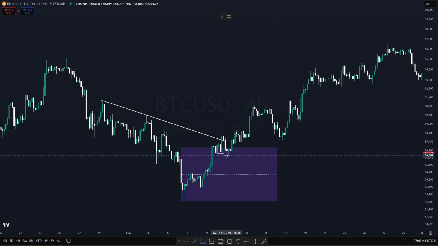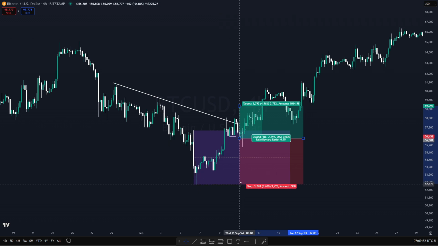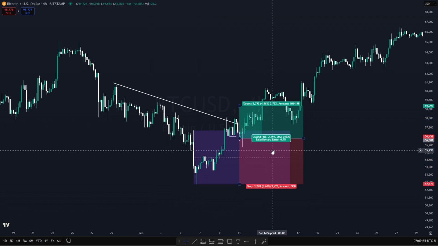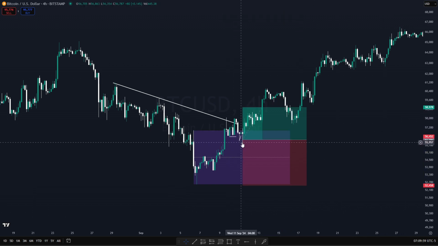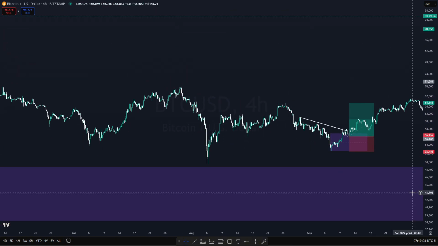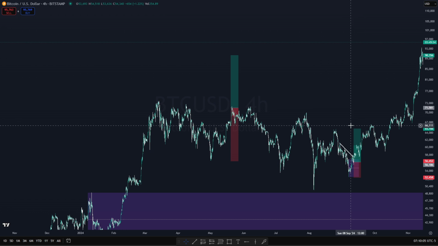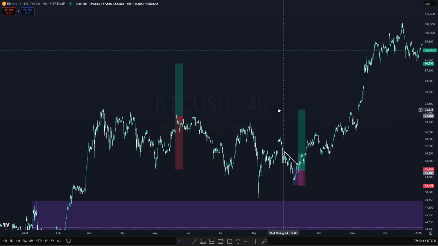Well, honestly, if we just look at it from a 4 hour, it's right there. That's our entry. I also want some lower time frame inducement. So on the hourly, this would probably be it. But yeah, that would have been our setup. Our target would have been all the way up there initially.